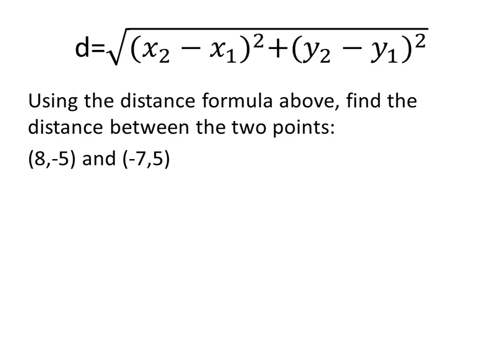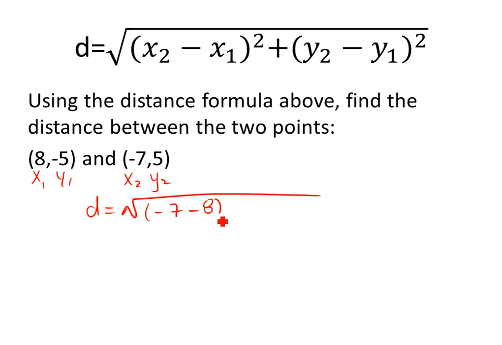So once again, that's my distance formula. And to start out, I'm going to label my x1, y1, x2, y2. And then I'm just going to substitute into my formula. So -7 minus 8 squared plus y2, which is 5, minus -5 squared.